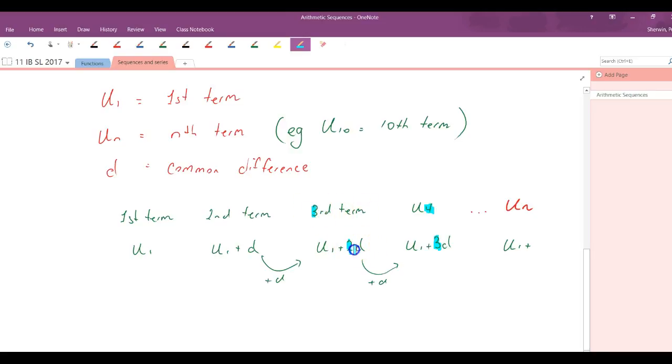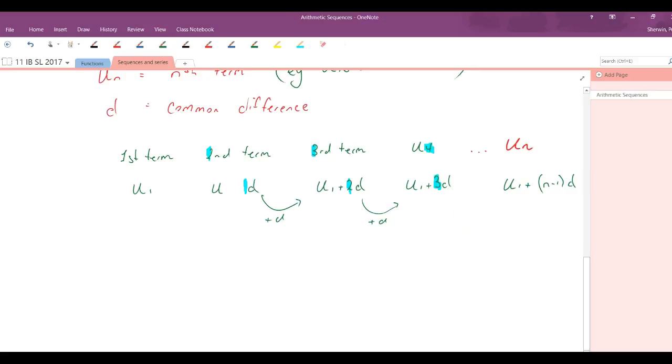The third term was U1 plus 2D, the second term was U1 plus 1D, the fourth term U1 plus 3D, so U1 plus 1 less than this, and minus 1D. So this is our nth term formula, the first formula. Very formula-based topic, this one, but we're going to derive them, and that's the formula there for the nth term of an arithmetic sequence. It will appear in your formula booklet, so you do not need to remember it. However, it'll be tattooed on your brain in no time because you use it a lot.